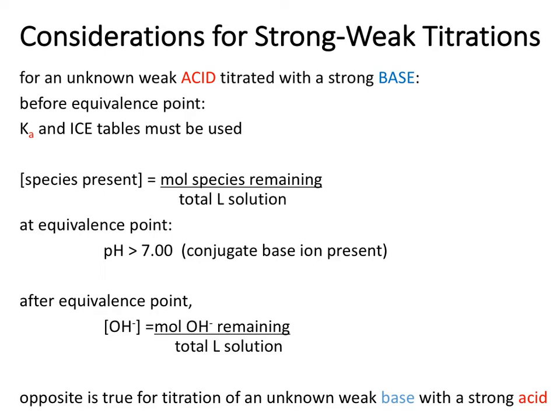At the equivalence point for strong-weak titrations, the pH for this specific example is going to be greater than 7, and that's because the conjugate base ion is present.